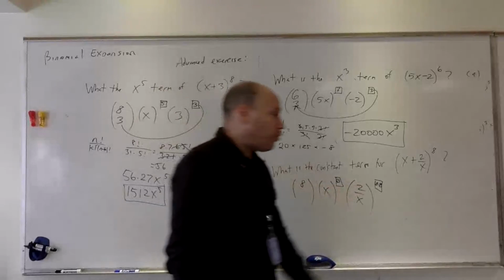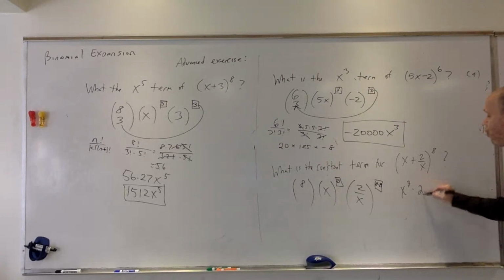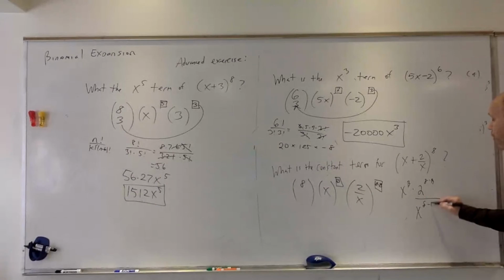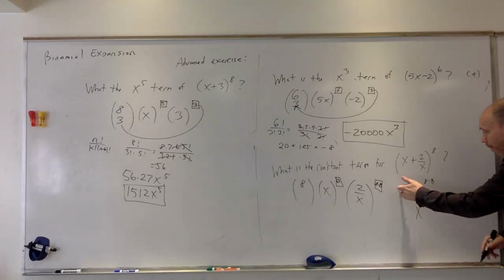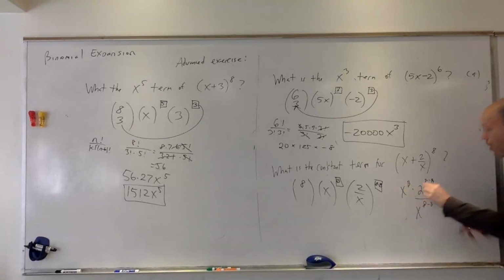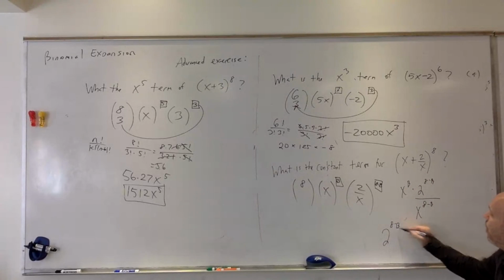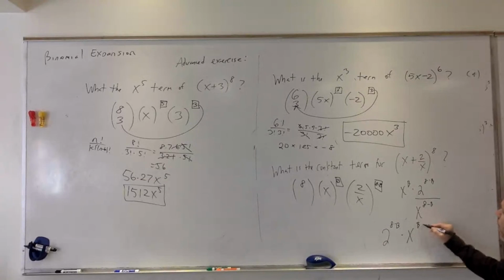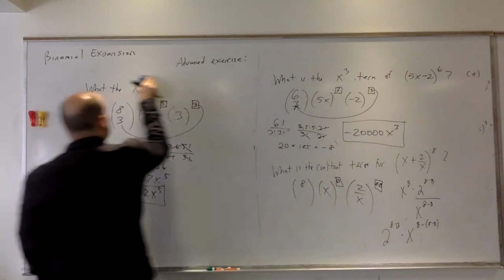Now, let's combine these two terms together. So, I know I have x to the b times 2 to the 8 minus b over x to the 8 minus b. Well, whenever I divide powers with the same base, I subtract the exponents. So, I have 2 to the 8 minus b times x to the b minus 8 minus b. Good. Let's continue.